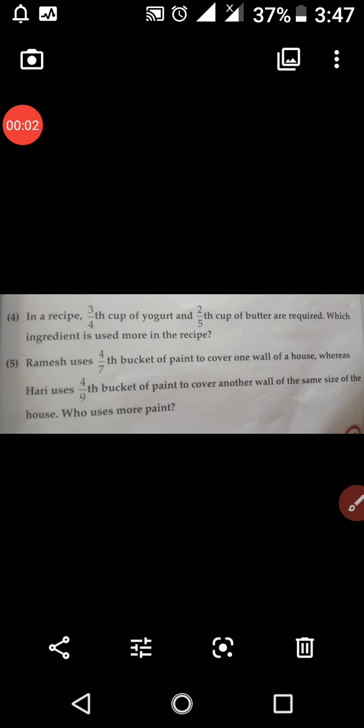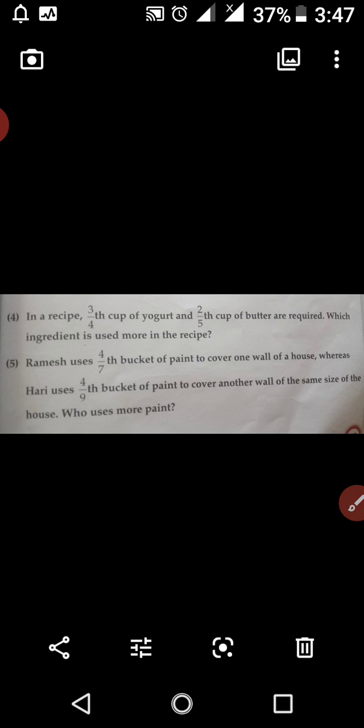Already we have done page number 75, practice exercise 4.1, first, second and third questions. Now we will see how to solve the fourth and fifth questions. These also come under the comparison of fractions. Now see the fourth question.